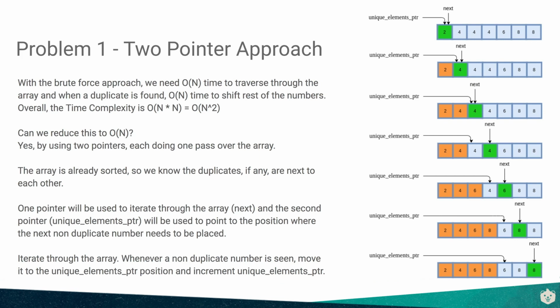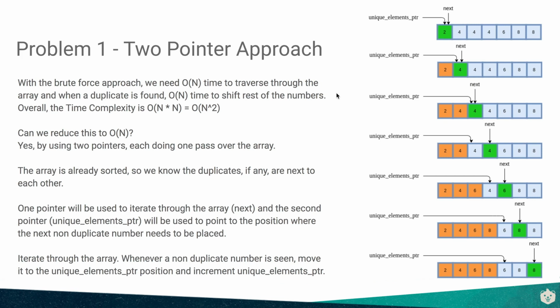So one pointer we'll keep to iterate over the array one step at a time. The second pointer is a pointer which will indicate the place where the next unique element has to be placed, right?